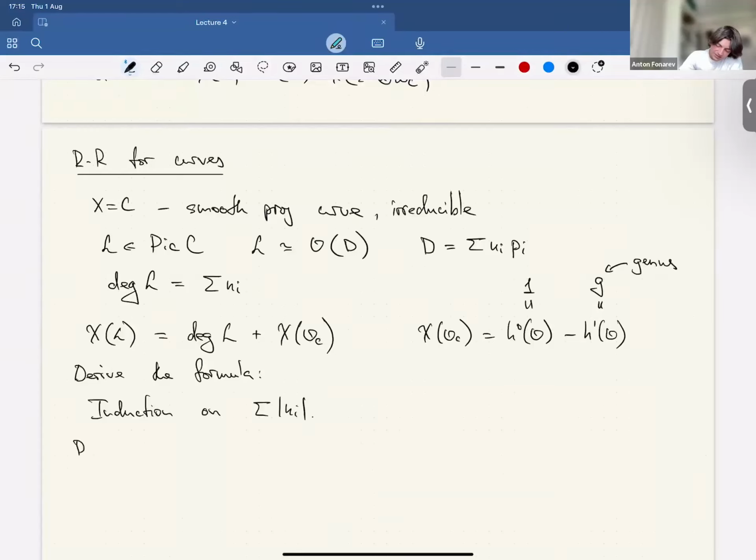And the base case is just when L is isomorphic to the structure sheaf. Then the formula just says that chi of O equals 0, which is the degree of the trivial line bundle, plus chi of O. So there's literally nothing else to prove.